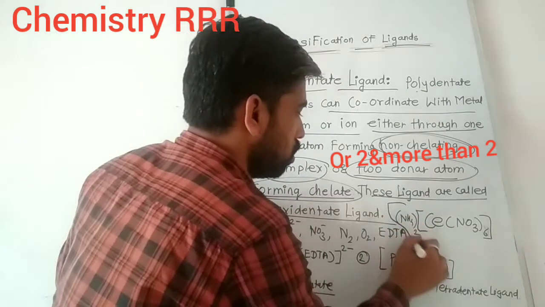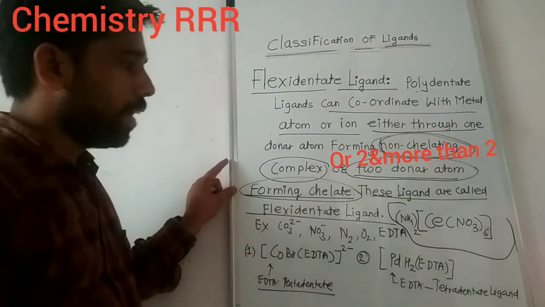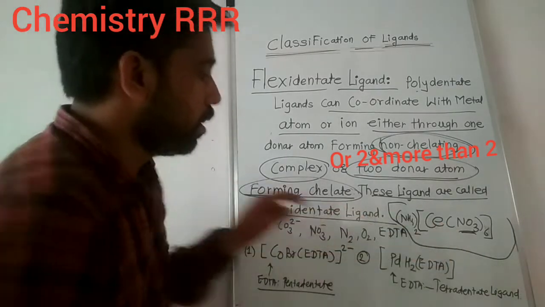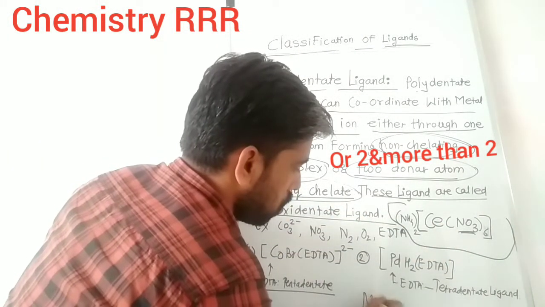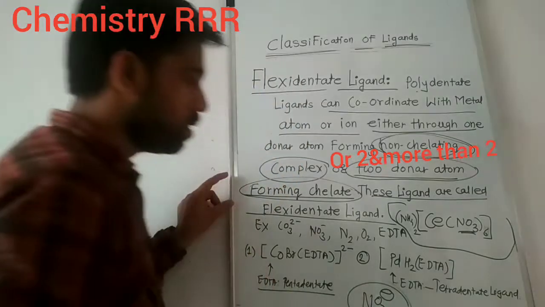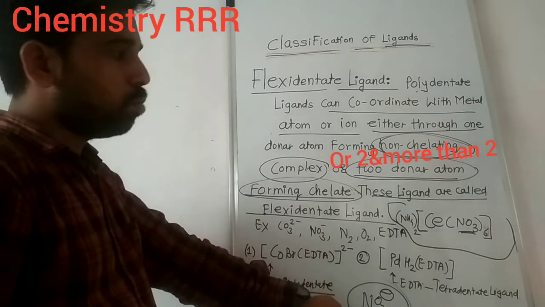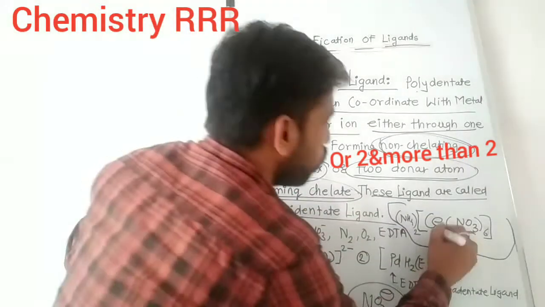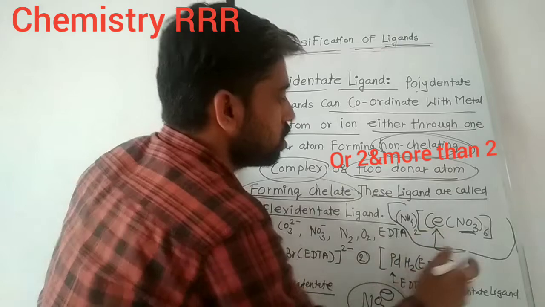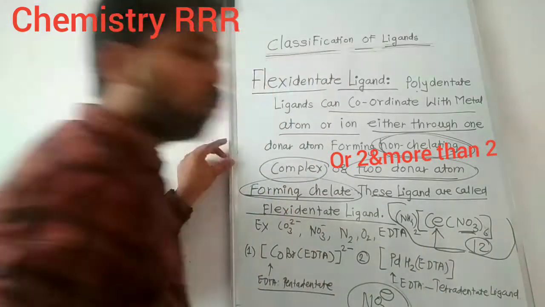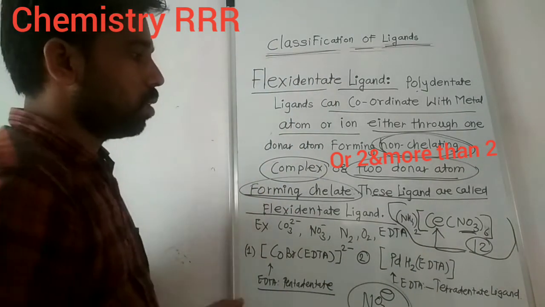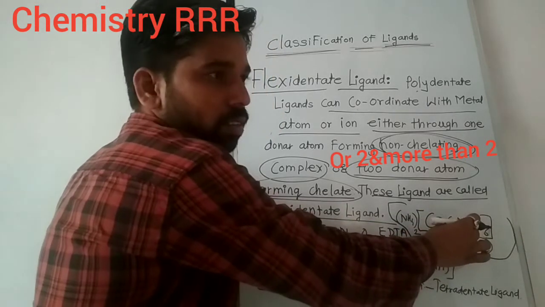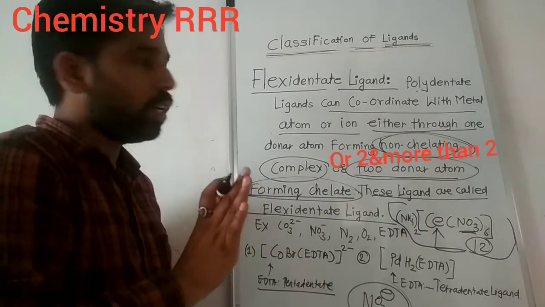In this case, NO3 minus is generally a monodentate ligand, but in this example it acts as a bidentate ligand, and the coordination number of the central metal atom, cerium, is 12. Now in this case it forms the four-member chelates and it is a stable complex.